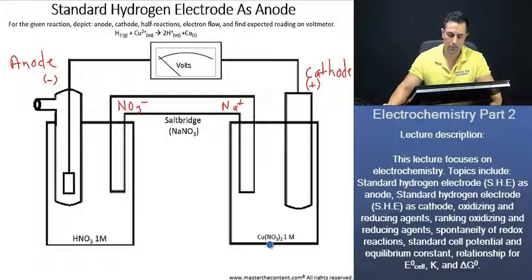Now we've labeled our anode and our cathode, so we're done that part of the problem. Next, we're being asked to do our half reactions.